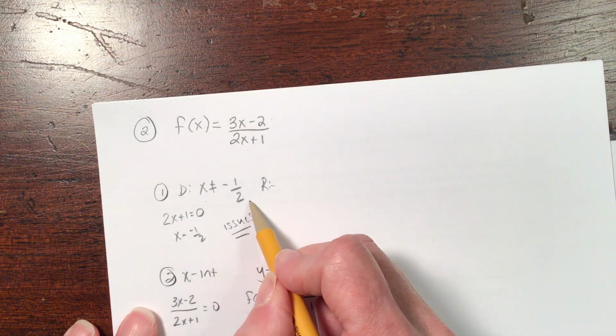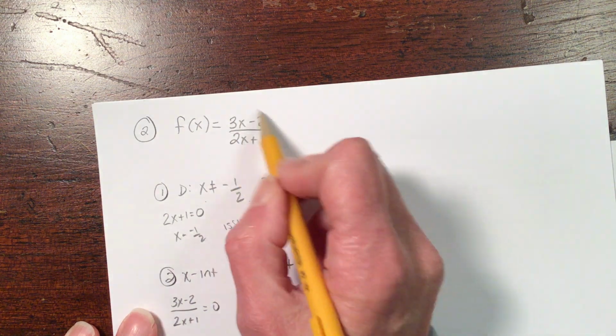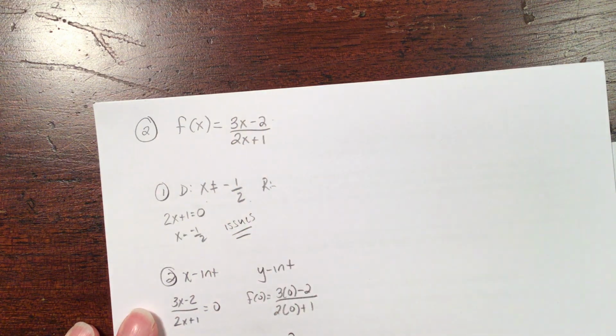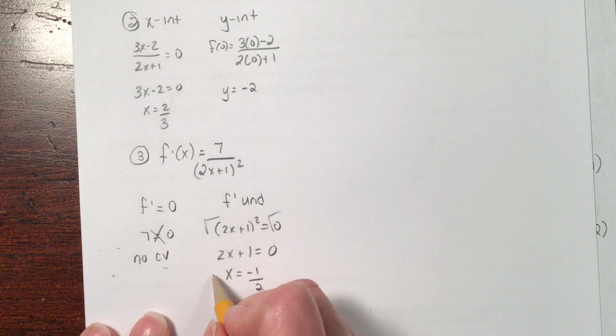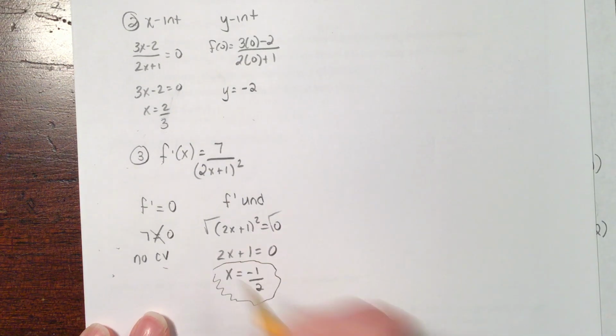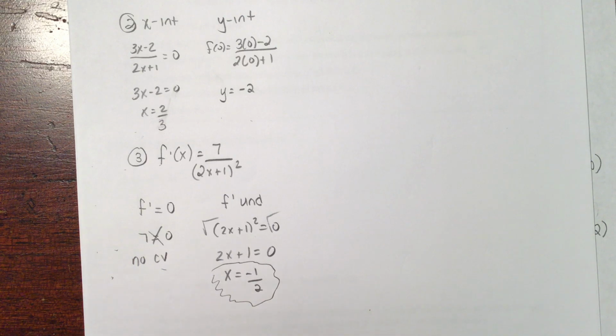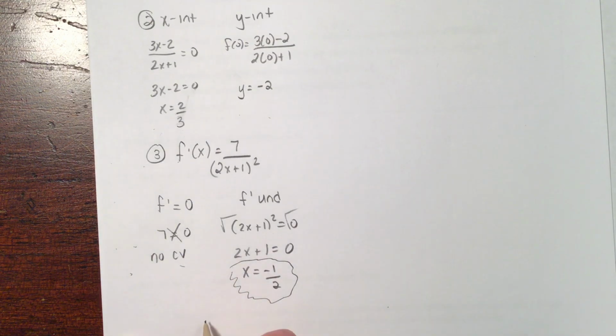But remember, we excluded that value from the domain. And based on the nature of this function, we can't simplify it. So this will probably be an asymptote. If you want to double check it, evaluate the limit as x approaches negative 1/2.